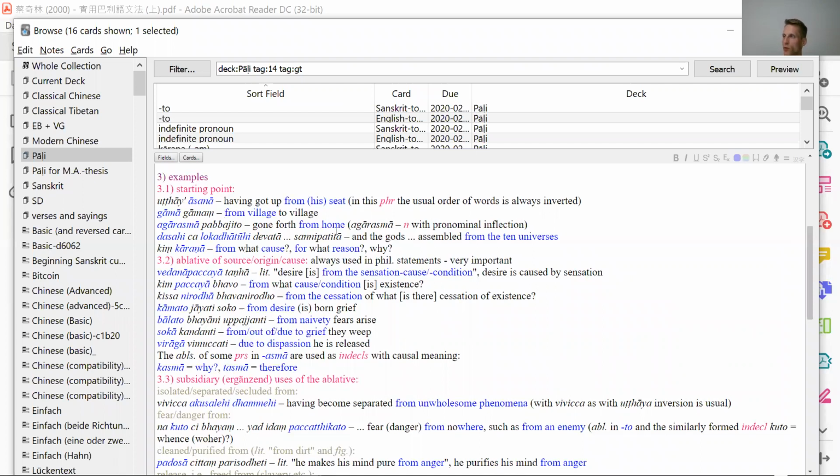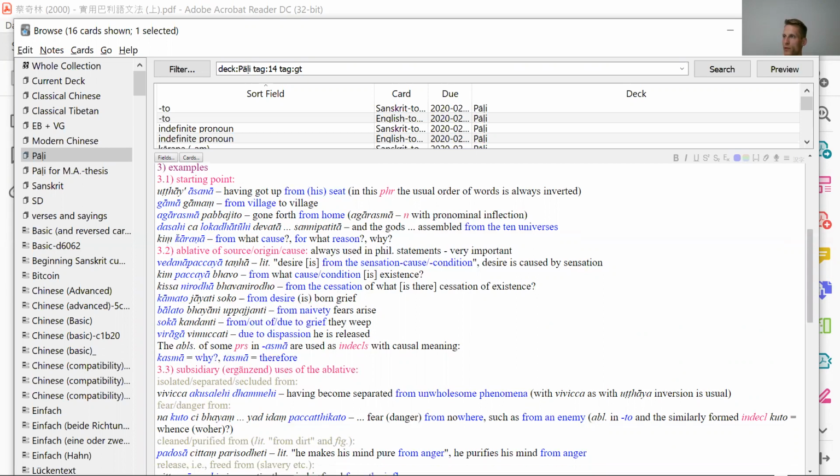Dasahi ca lokadhātūhi devatā sannipatitā, and the gods assembled from the ten universes. Kiṃ kāraṇā, from what cause, for what reason, why.